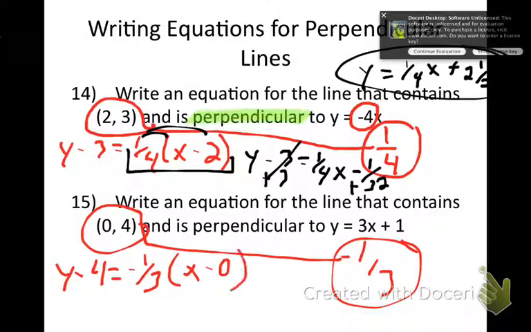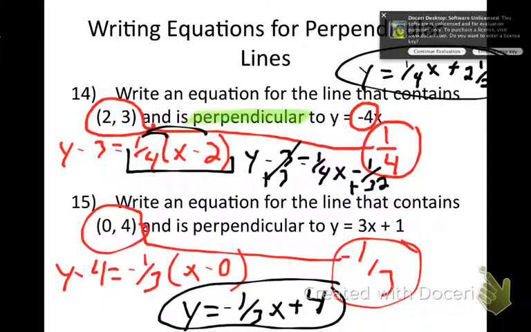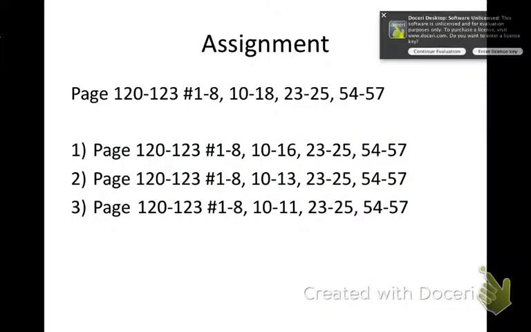Very good. Then when I work it all the way out and put it into slope-intercept form, I get what, Sean? Nice work. That is correct. That's it right there. Good job. And here is your assignment.